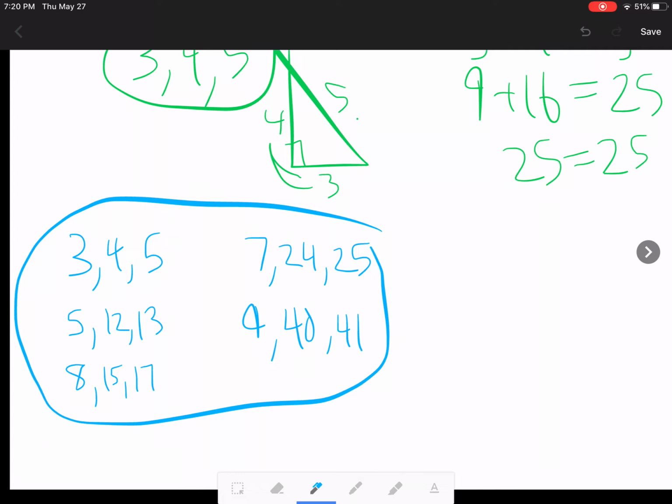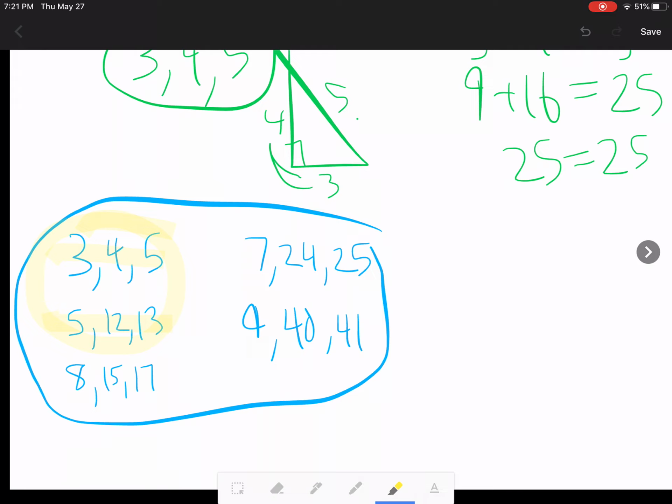Now, more often than not, let's go to a highlighter. These are the big two. You'll see these variations a lot. And when I say variations, we can also take any of these and multiply them by the same thing, and it still holds true.